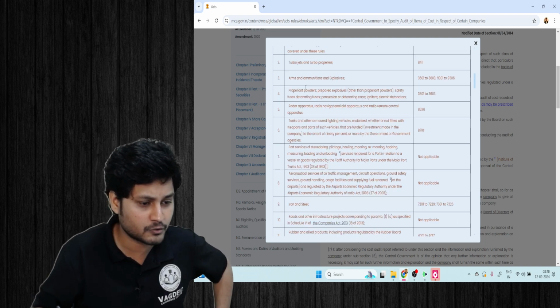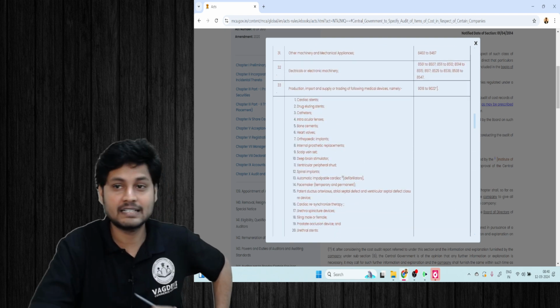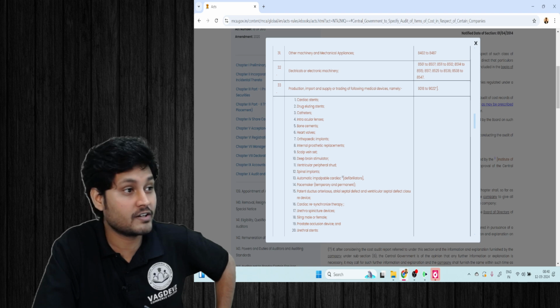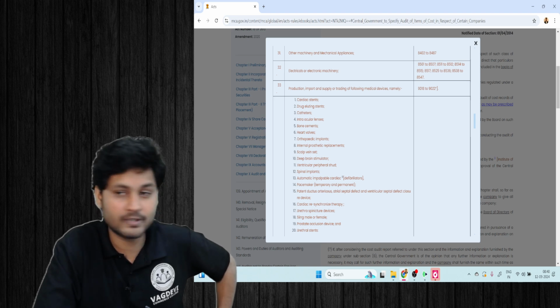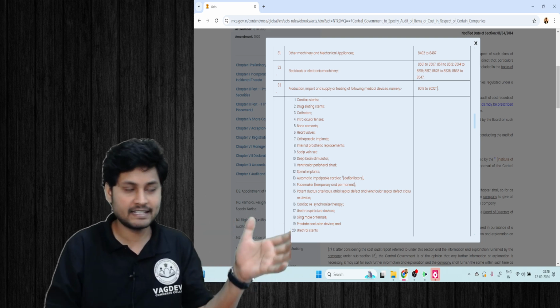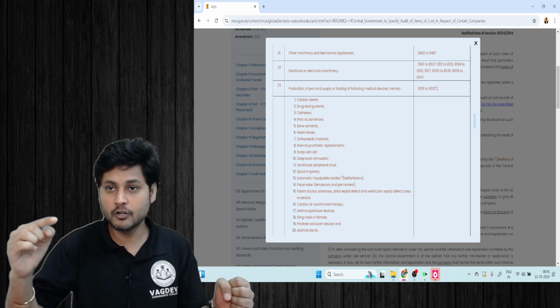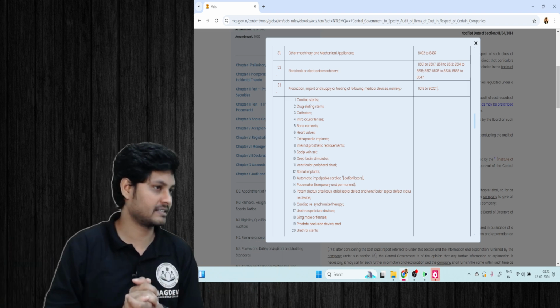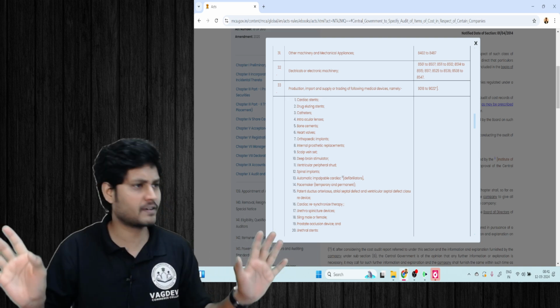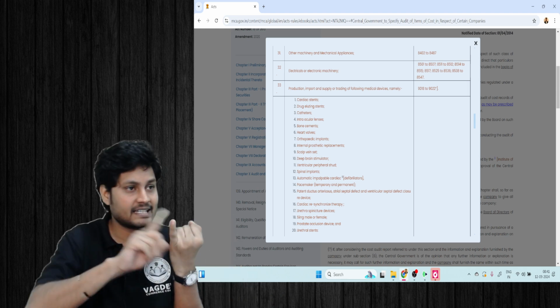How many are there? 1, 2, 3, 4, 5, 6, 7... 33 sectors are there in non-regulated areas. So entire industries got divided into regulated and non-regulated: 6 regulated, 33 non-regulated.